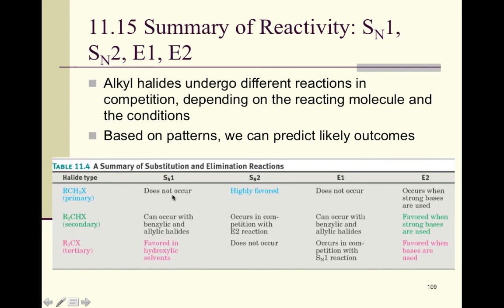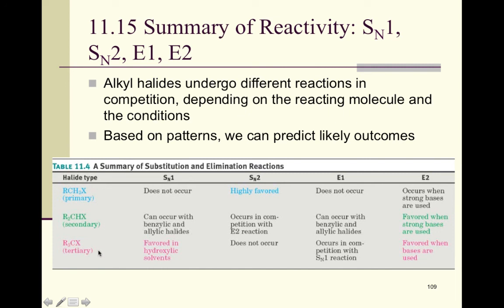That would be a substitution where a carbocation is formed, and we know that a primary carbocation is not very stable. When we have a secondary carbocation, it can undergo an SN1 reaction, and it can also occur with benzylic and allylic halides because a secondary carbocation is formed, which is somewhat stable.